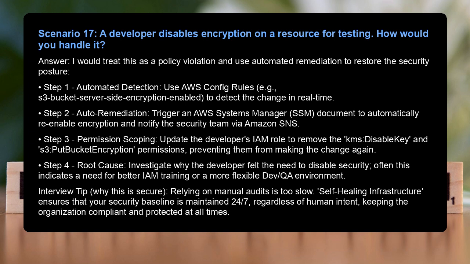Permission scoping. Update the developer's IAM role to remove the KMS:DisableKey and S3:PutBucketEncryption permissions, preventing them from making the change again. Step 4. Root cause. Investigate why the developer felt the need to disable security. Often this indicates a need for better IAM training or a more flexible dev/QA environment.